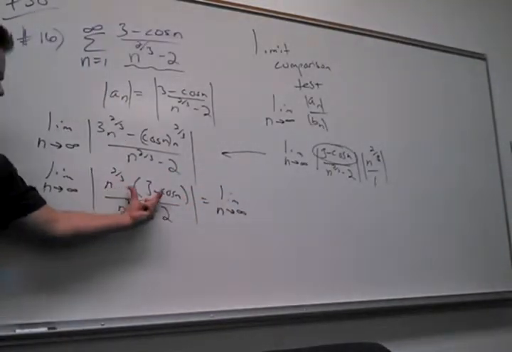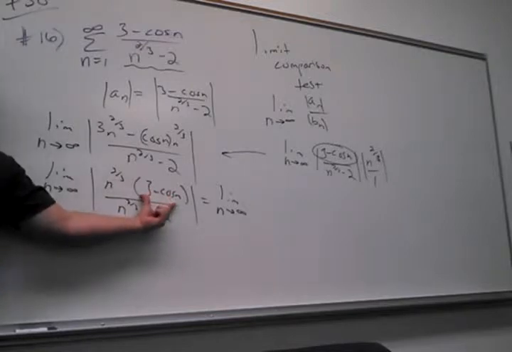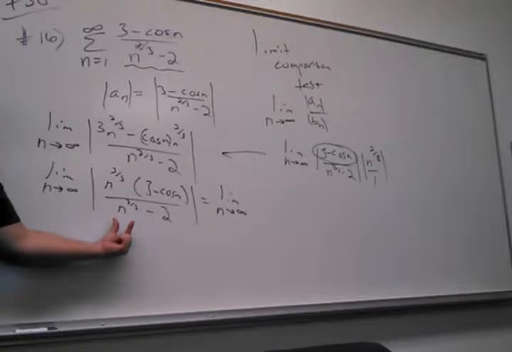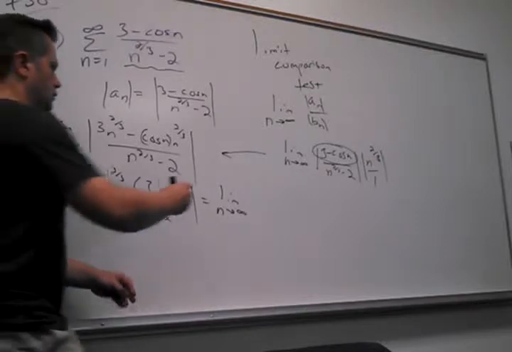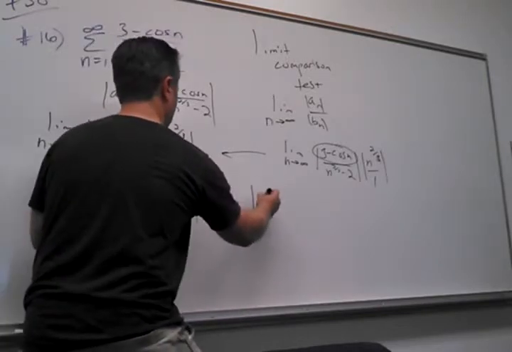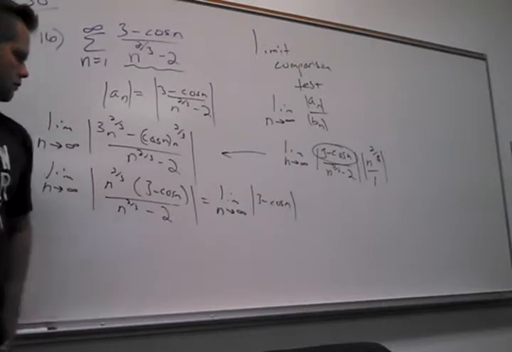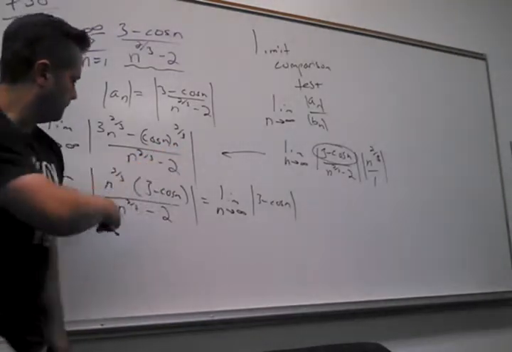So, I mean, what would this be? If this was just a 5, what would this be? If this was a 5 n to the 2/3? Yeah, exactly. Right? Well, we already have the, yeah, okay.